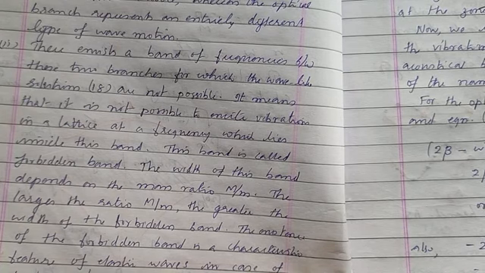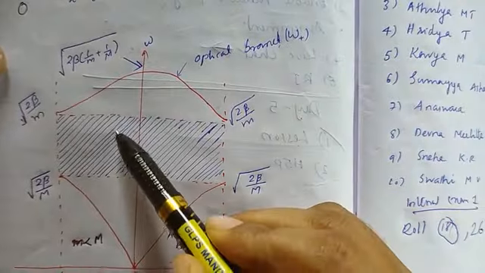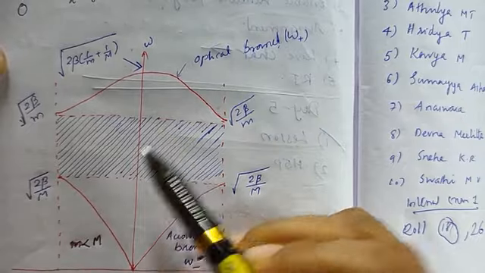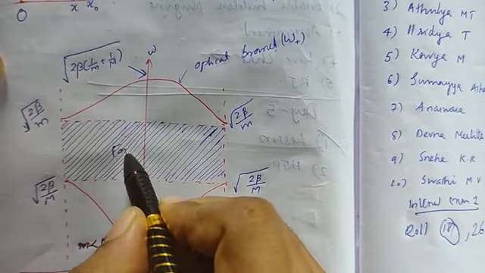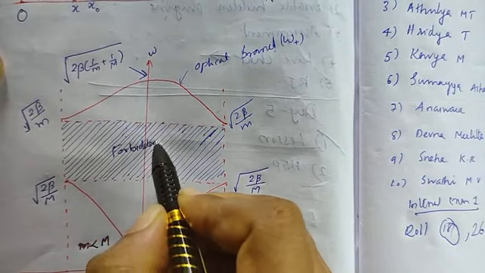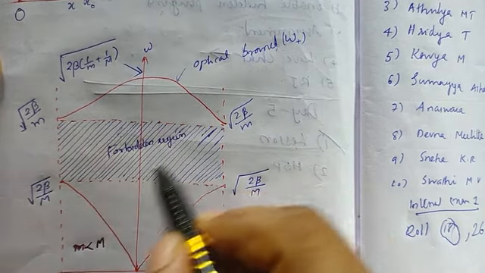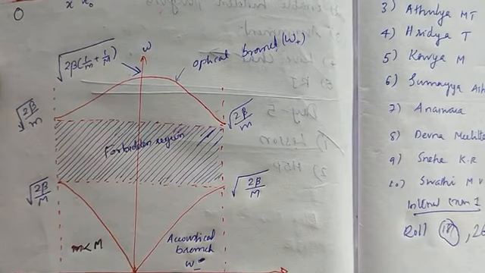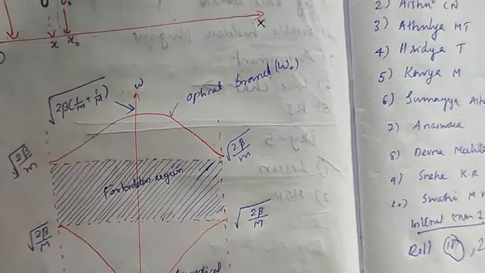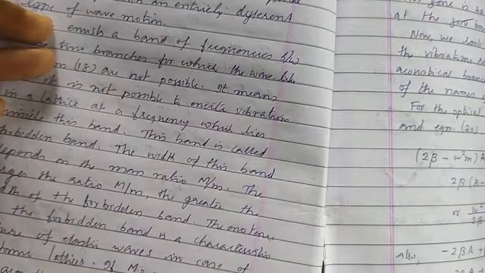This band is called the forbidden band. That is represented by this region. So there is a forbidden region. No vibrations are possible. No vibrations can be excited in this band.